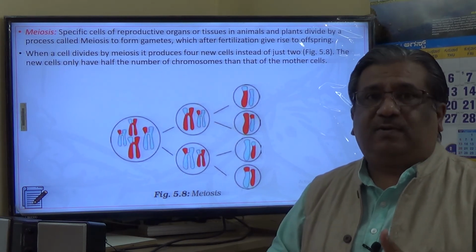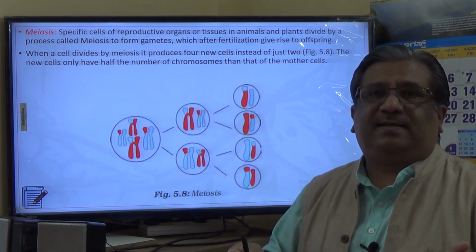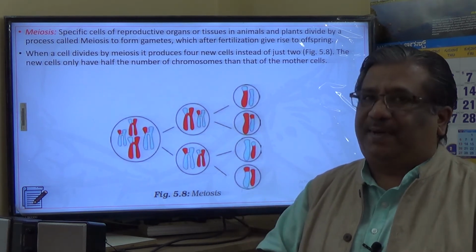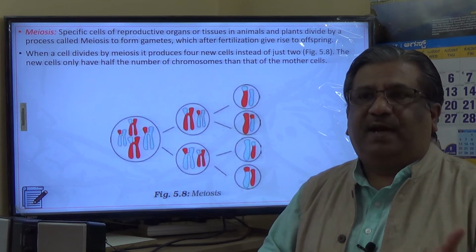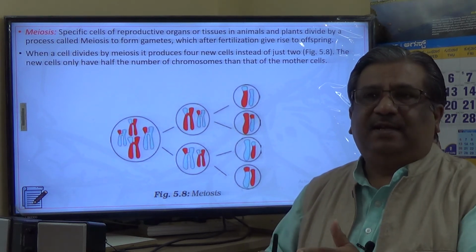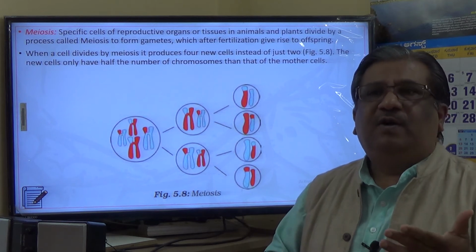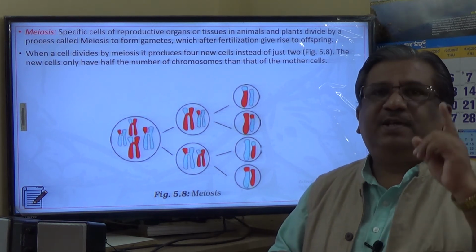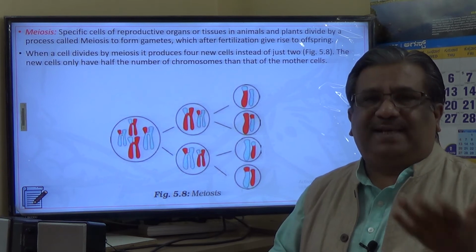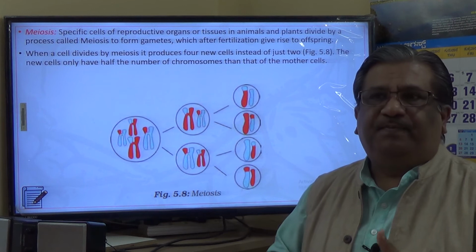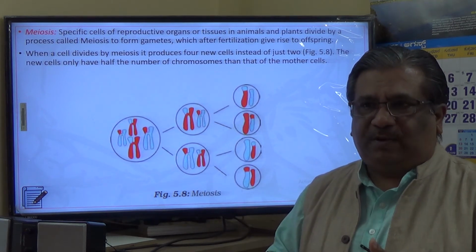In order to restore that to 46, half of the chromosomes must be present in sperm and half of the chromosomes should be present in egg. So fusion of both together will lead to formation of a zygote, which is unicellular, or one cell, and that zygote contains 46 chromosomes. That is how the number of chromosomes are restored.